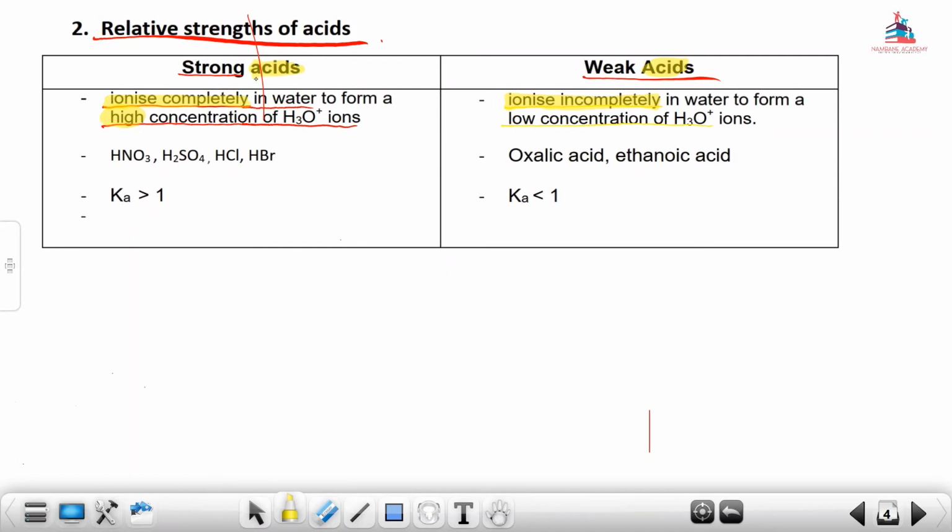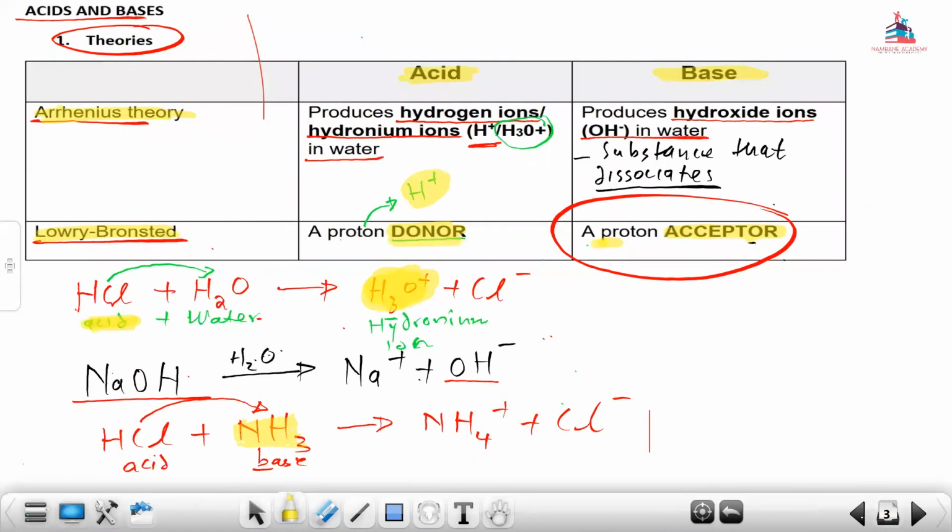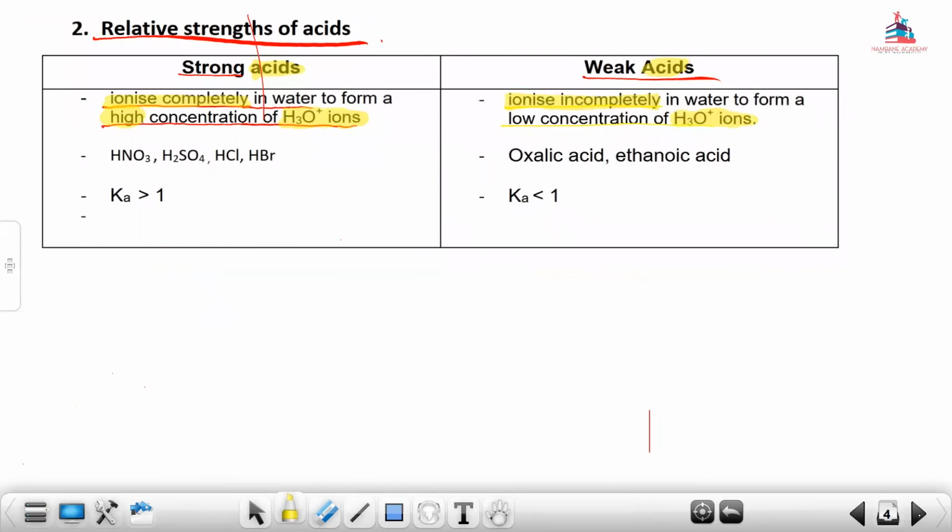Regardless of whether it is weak or strong, the H3O plus ions must be produced, because if it doesn't produce H3O plus ions, definitely it is not an acid. How do we know that? We know that from the two theories we have. It is an acid because it produces H3O plus. That is the key reason we need the theories as a foundation of what we want to do.